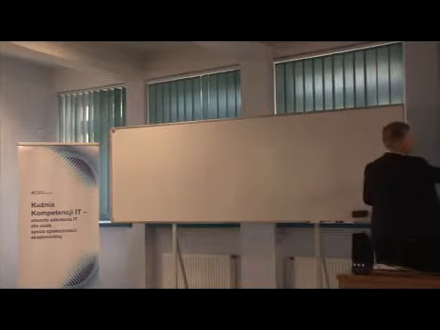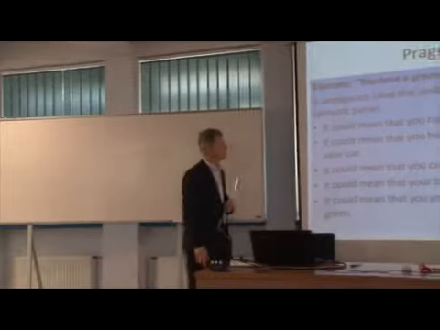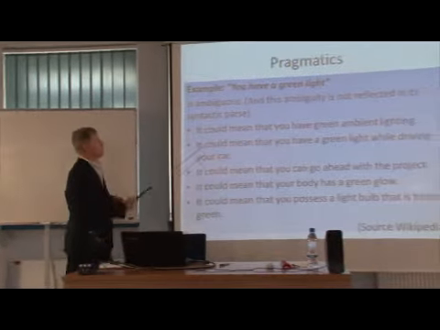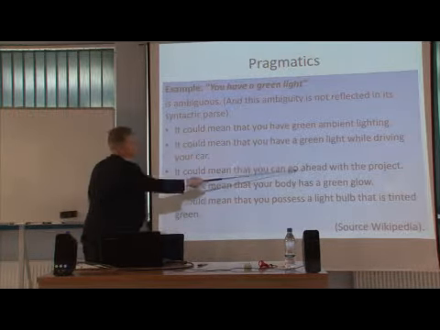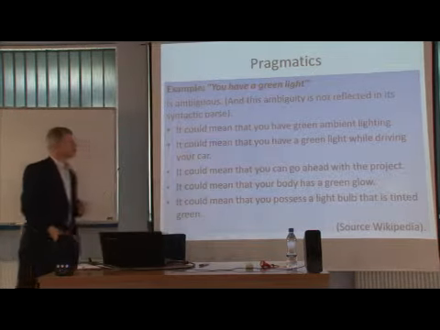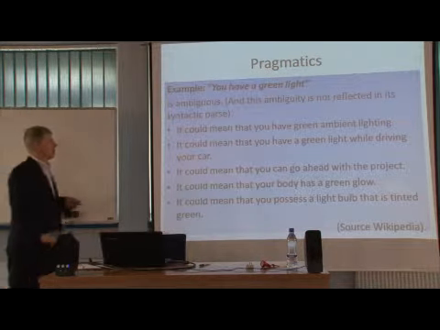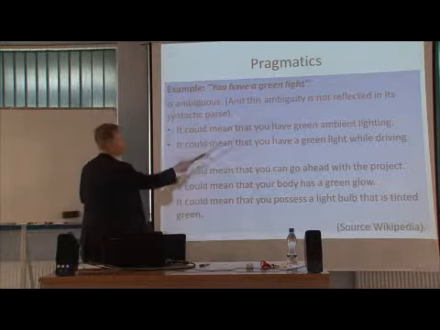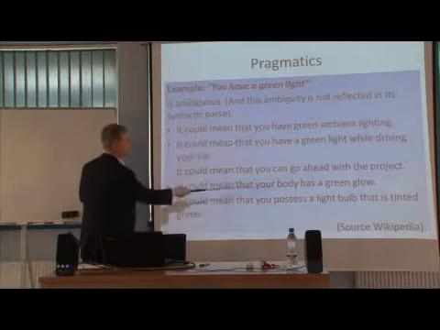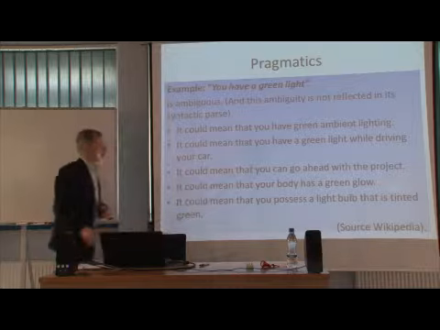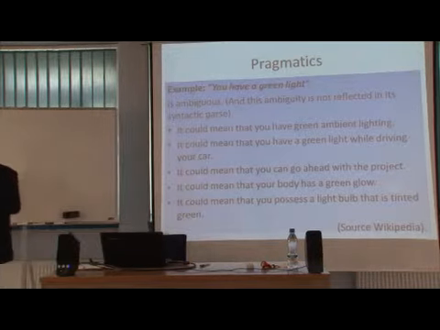It also means the usual: you have a green light when driving your car. Metaphorically, it means you can go ahead with the project, you can continue with the project. But going back to the first sentence, if there is a green ambient lighting, my body could have a green glow, and that would be another meaning.